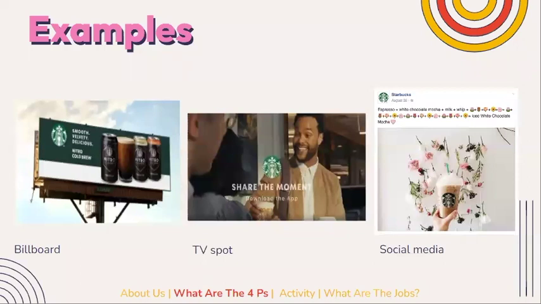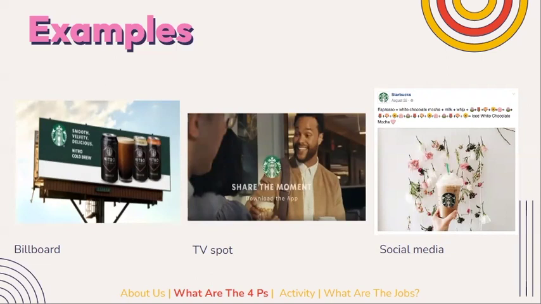Yes. And over here, we have some examples, according to our Starbucks example, of some campaigns and promotion pieces that they've put together, either through their in-house marketing team or through an advertising agency: some billboards or TV spots and social media.